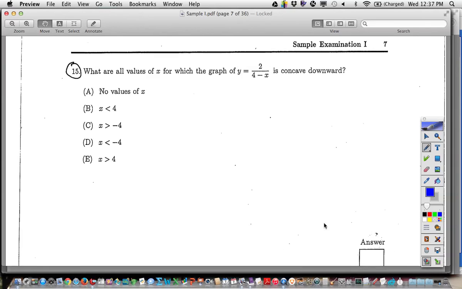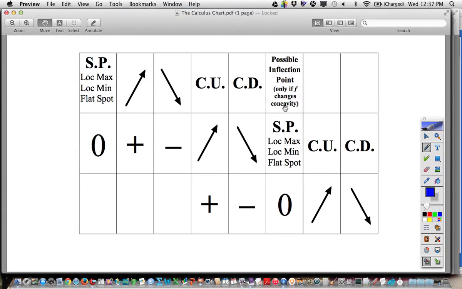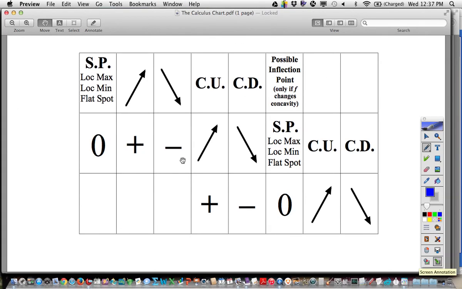We would say, let's assume that the curve is nice and smooth, no sharp points and none of that kind of stuff. Well, now we have to start thinking about maybe those are involved here. So let's take a look at our chart. There might be some things we need to fix on this chart. For example, we said here that a local max, a local min, or a flat spot means that f prime is 0. Well, what about this situation?